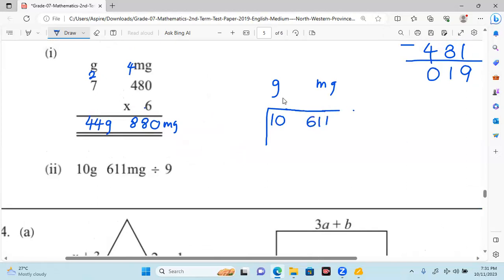Then divide by 9, it's 1. 1 into 9, it's 9. Subtract 9 from 10, it's 1. Take 16. Then how many 9s within 16? It's 1. 1 into 9, 9. Then 7. How many 9s within 71? It's 7. 7 into 9 is 63.